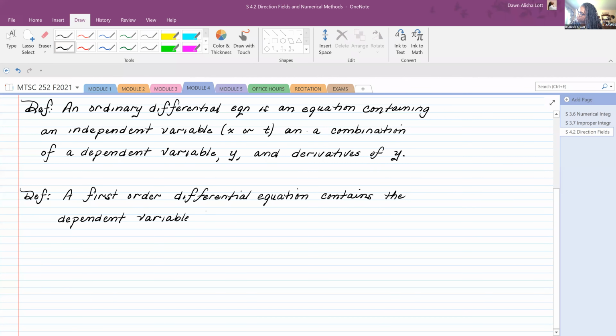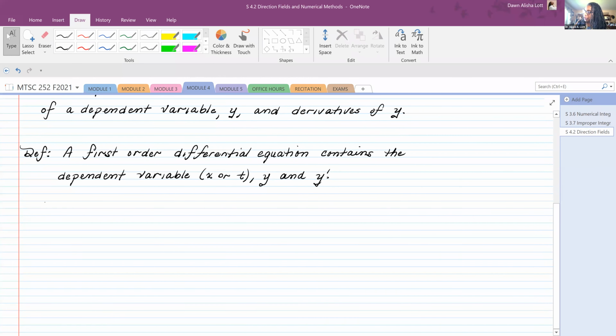So my independent variable x or t, y, and y prime. Okay, so for example, y prime is equal to x y plus x squared.